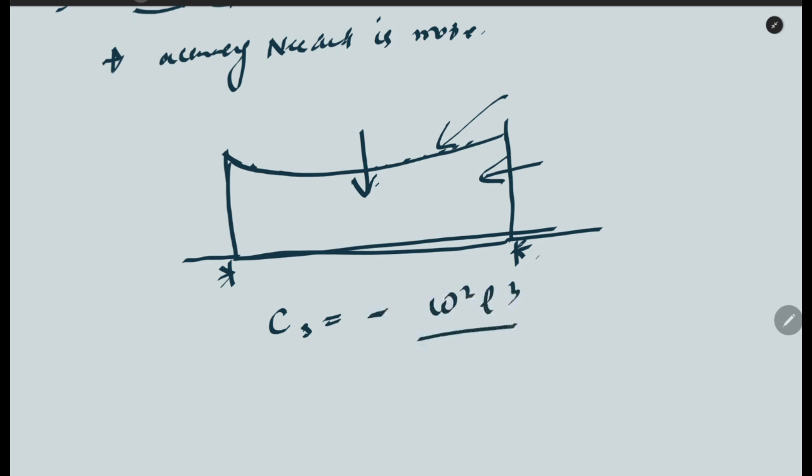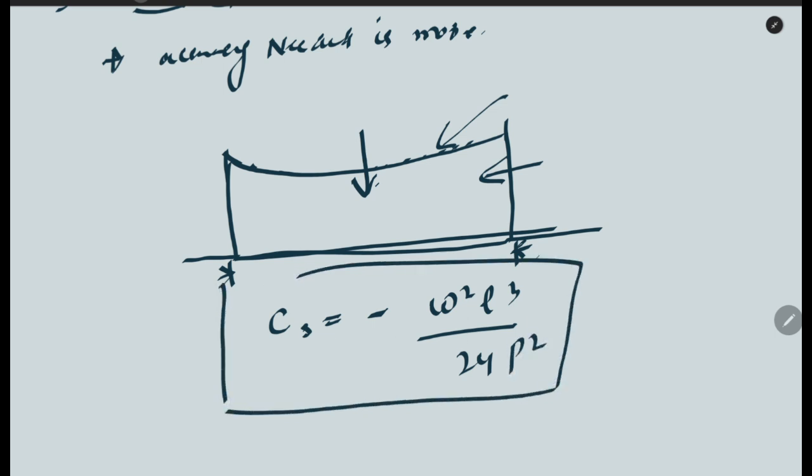That is W²L³/24P². Here small w is the weight of tape per unit length, that is in Newton per meter, and L is the length of tape suspended, P is the applied pull, and this correction is always negative if you have standardized your tape on the horizontal ground, and you are measuring this very particular length in the catenary.